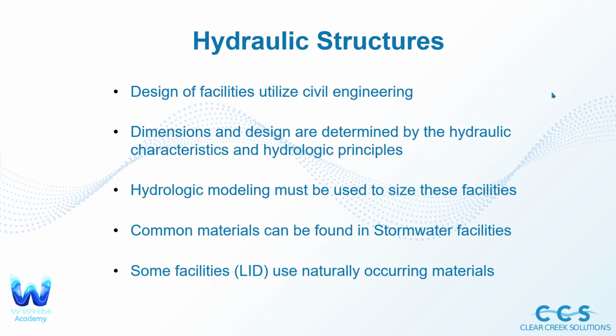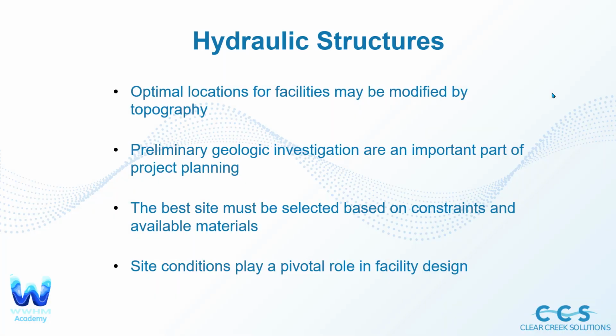Something like a rain garden, which is completely unengineered and relies on the natural conditions, can be used to filter stormwater. Or a facility like a bioretention facility will use some synthetic or designed soil mixtures to help filter water, but we'll use a lot of natural conditions and a lot of naturally occurring things to help filter the stormwater.